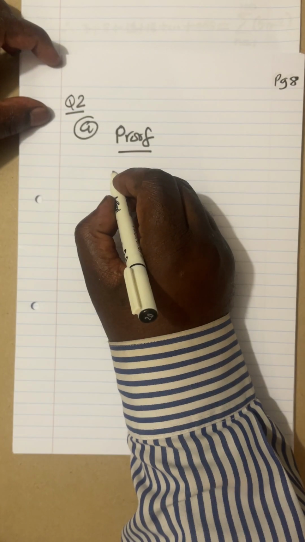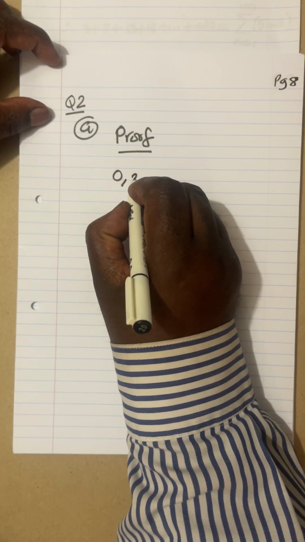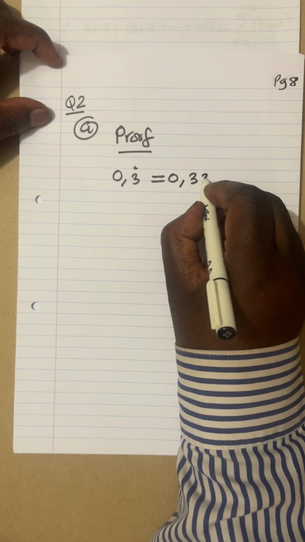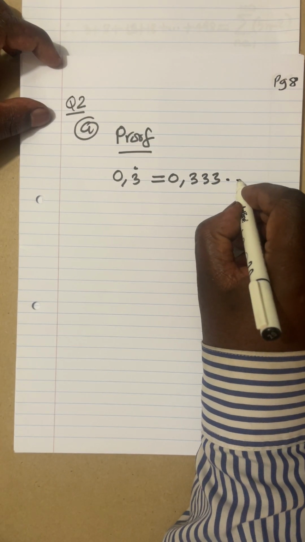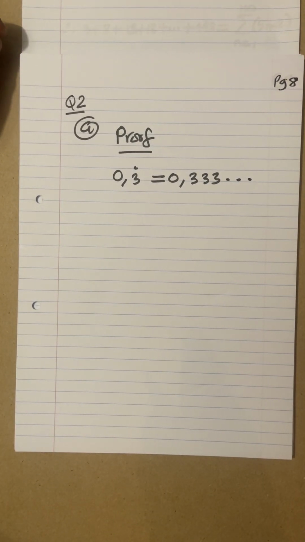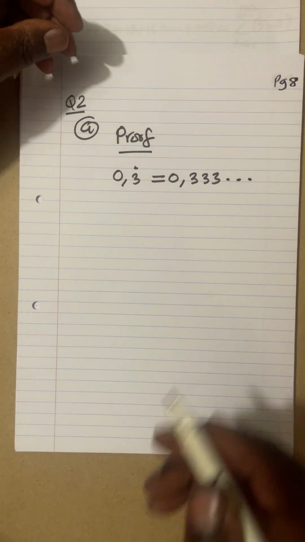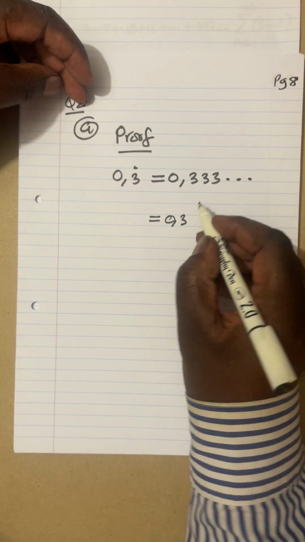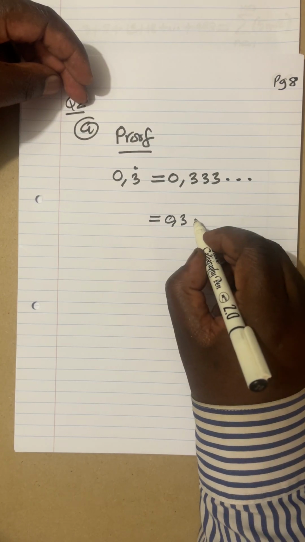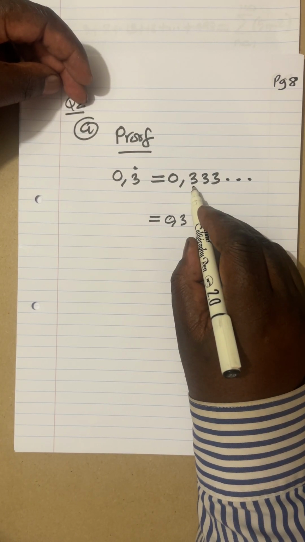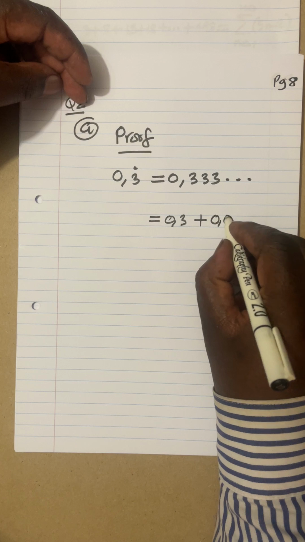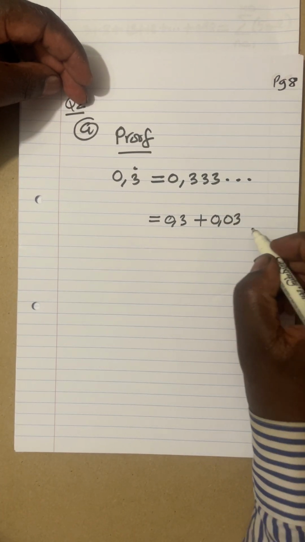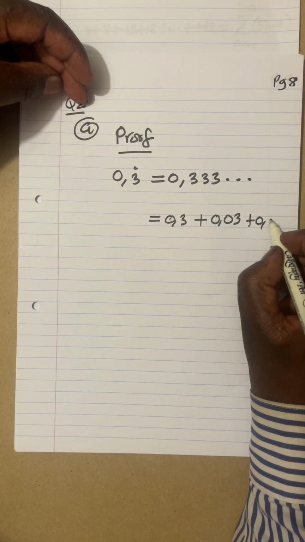Proof: 0.3 recurring is exactly equal to 0.333, and this continues. Now, we can rewrite this as 0.3, the first part, and then when you are considering this term here, there must be a 0 there, so 0.03. If you're considering this term here, there must be 2 zeros there, plus 0.003.